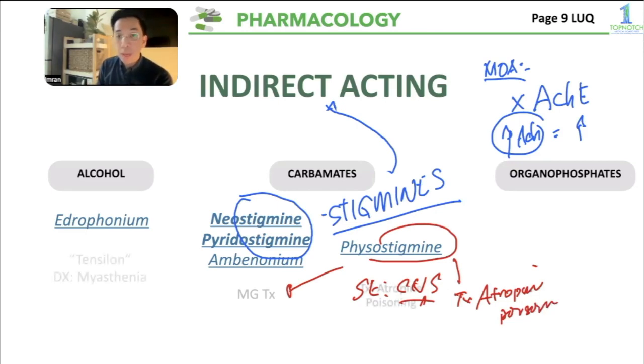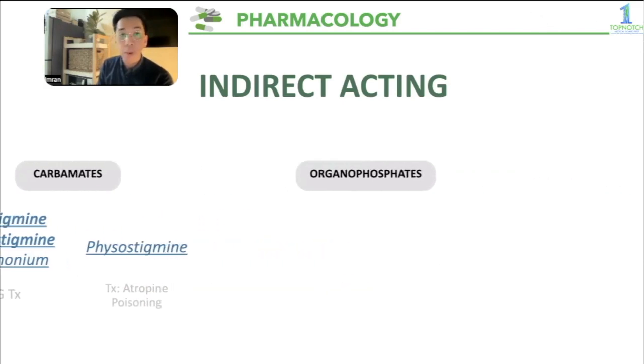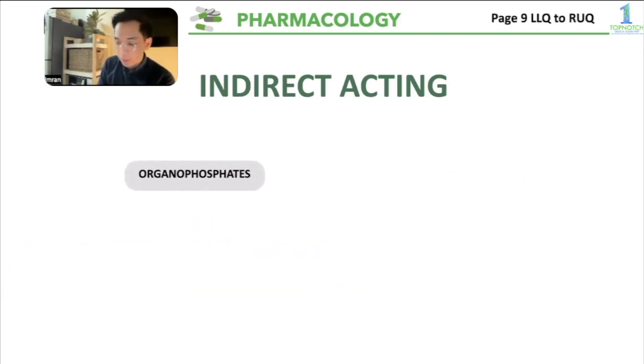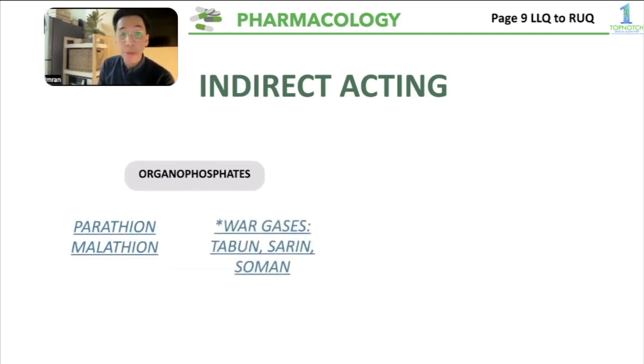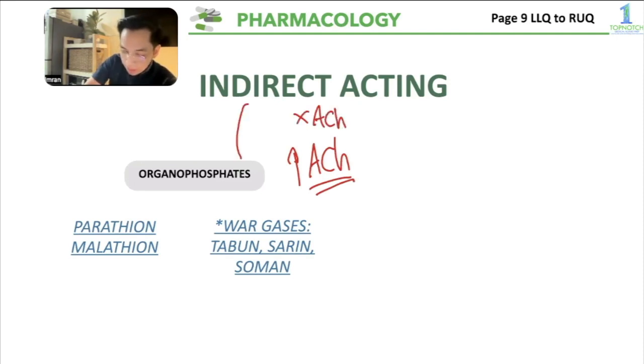So next, we have your organophosphates. Your organophosphates include yung mga insecticides natin, parathion, malathion, ganyan. And also your war gases, yung tabun, sarin, and soman. So the presentation, ngayon ang clinical scenario, pagka kayo ay nalason with these insecticides will be increase in acetylcholine dahil wala si acetylcholinesterase. So dadami si ACH.